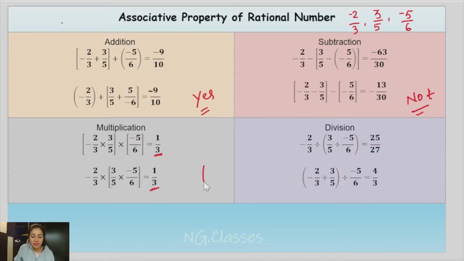So multiplication is also associative for rational numbers. Now for division, from the first case we are getting 25 by 27 as the answer, and from the second case we are getting 4 by 3. So we are not getting same answer. So we can say division is also not associative for rational numbers.